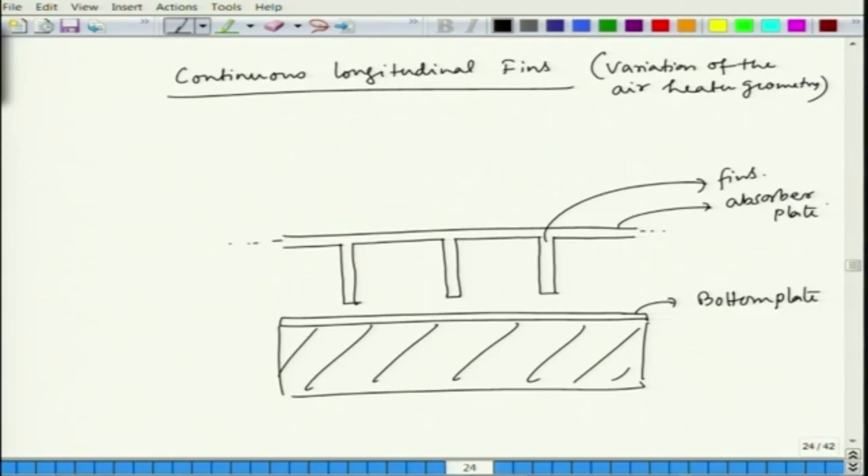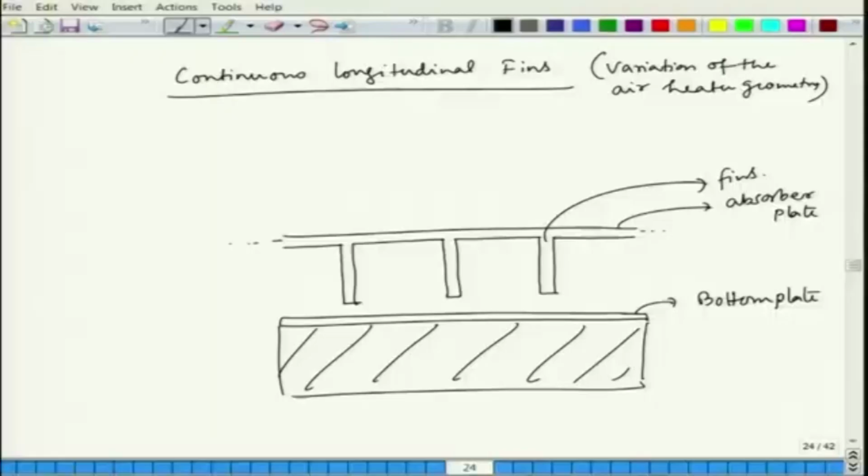Now, you need to visualize how air is flowing. So, the drawing that I am showing right now is not similar to the earlier air heater drawing that I have shown you. It is in the perpendicular direction, because if air flows from this direction, then there will be a huge amount of pressure drop. Air channels are very small. Okay. So, air is flowing here in this direction, perpendicular to the plane of the board.